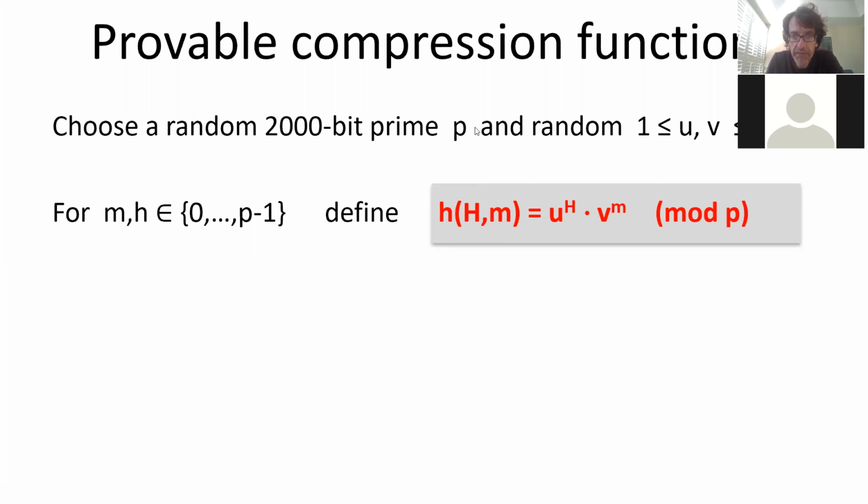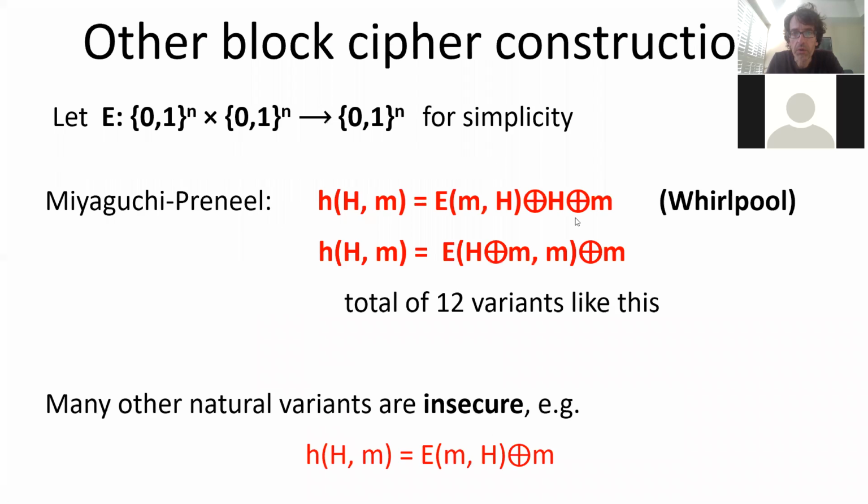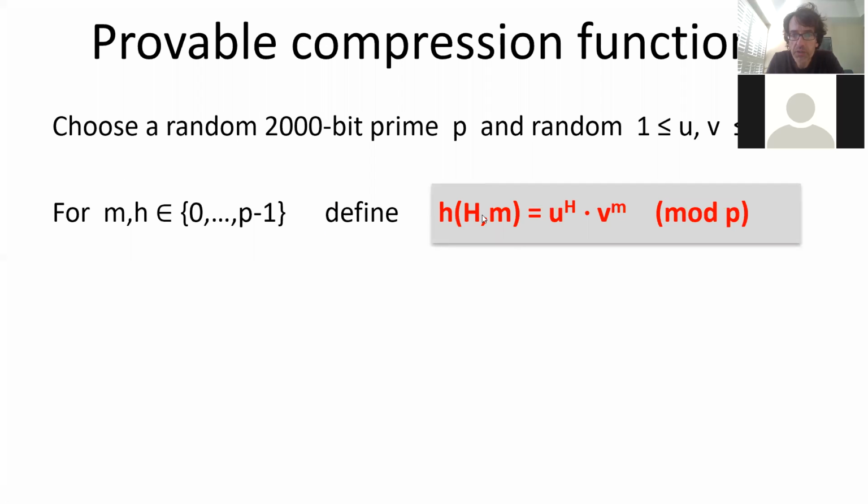Imagine that you have a prime p, and you have two numbers u and v mod p. The way you hash is that you take, again, I break my hash message into left and right side.